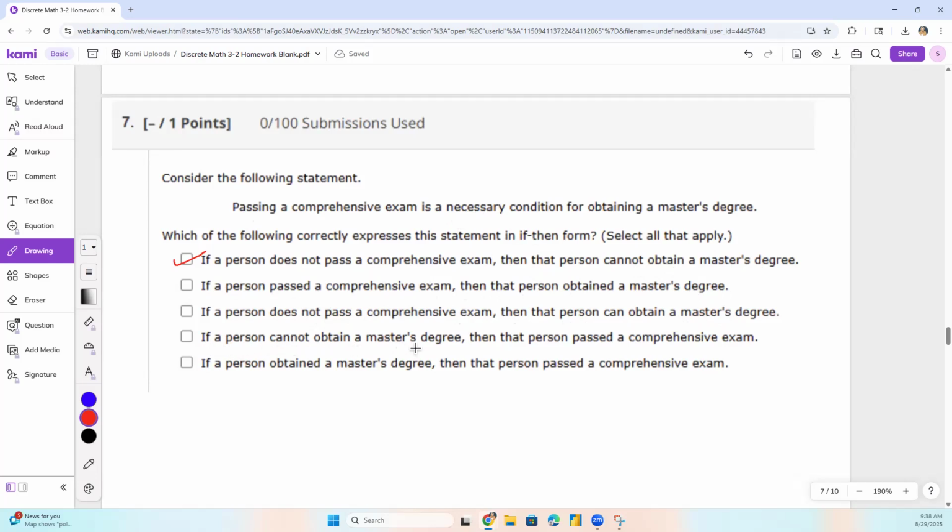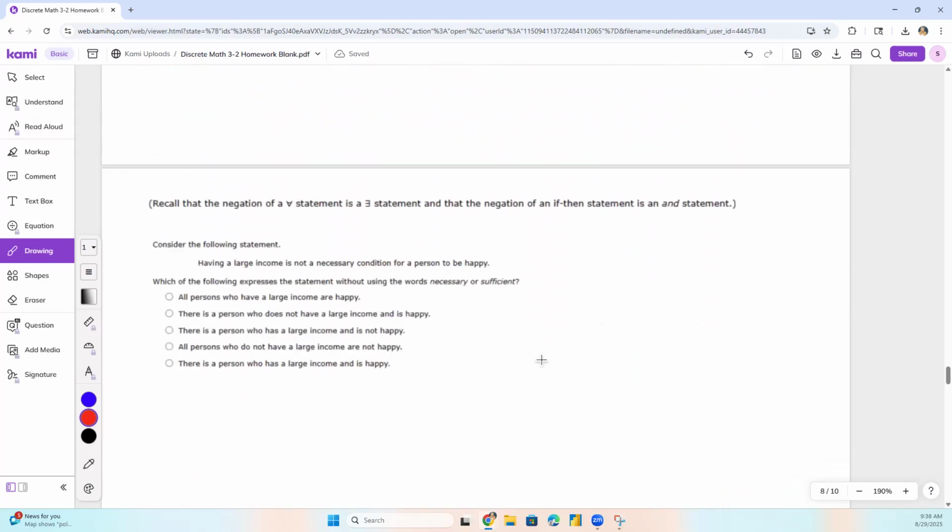If a person cannot obtain a master's degree, then that person passed the comprehensive exam. This is also not correct. If a person obtained a master's degree, then the person passed a comprehensive exam. This is correct because if Q then P is the acceptable case here.